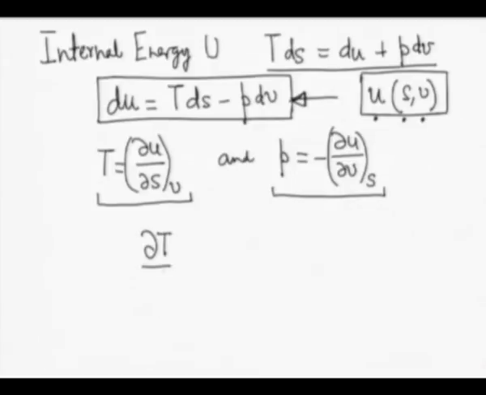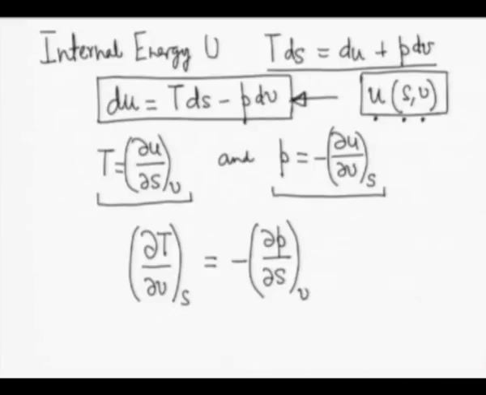Partial of T with respect to V at constant S will equal, here the minus sign is with P, so I will get minus partial of P with respect to S at constant V. You will find a relation which we could never have imagined.